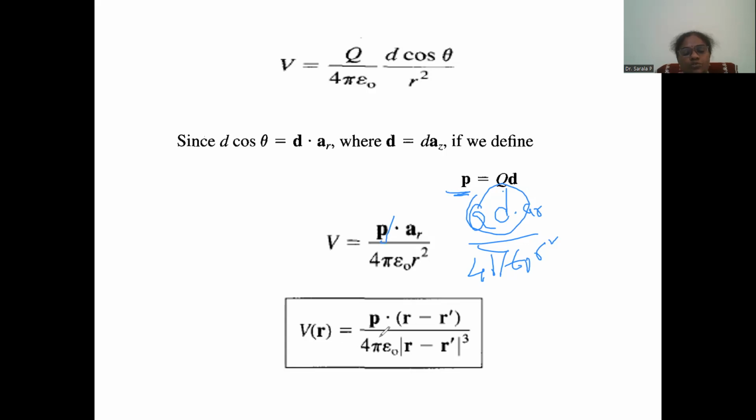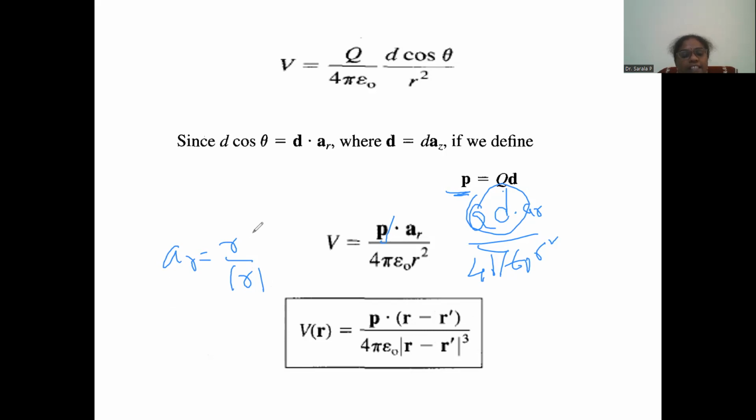So now let us see what this aR is. aR is nothing but a unit vector, that is, the vector divided by its magnitude. So that is (R minus R dash) by its magnitude.